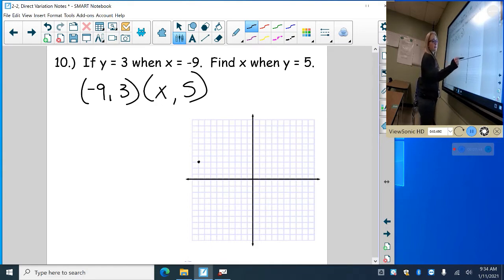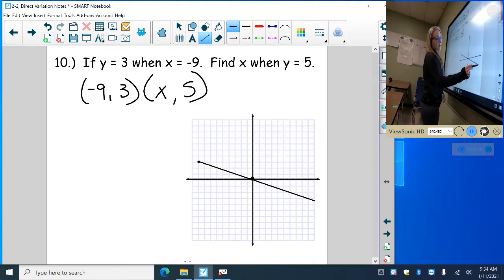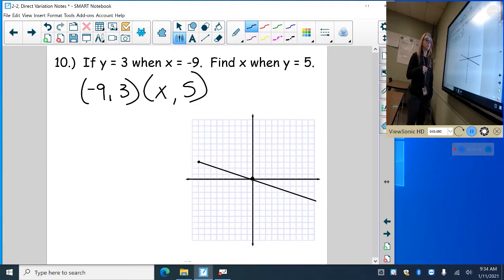I know it has to go through the origin in order for it to be direct variation. So if I were to draw that line, I could probably guess where the graph is going to hit, but in order to solve it algebraically, so if we look 1, 2, 3, 4, 5, it's probably going to be between, my line isn't very straight, but probably right around negative 2. Oh no, I'm sorry, y is 5, so 1, 2, 3, 4, 5.